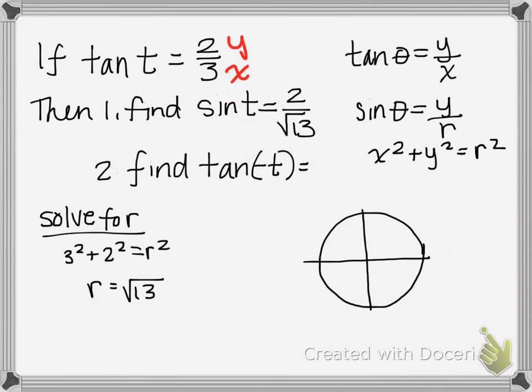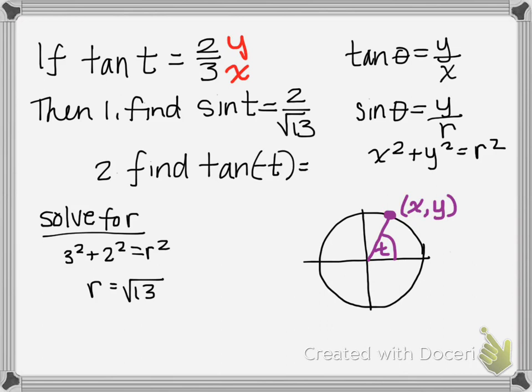So if I go back to this trig circle down at the bottom right, I went here, and that was an angle t. And then I got some trig value for this based upon whatever x and y were.